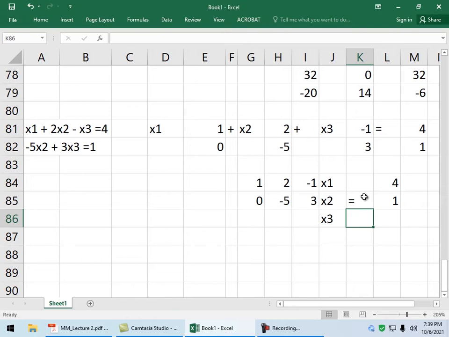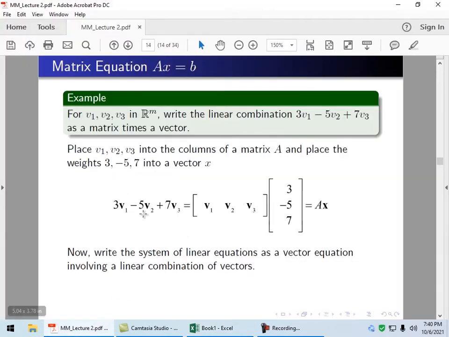So what have we written here? A times X equals B. So we just performed the matrix notation. AX equals B. This is what the matrix equation AX equals B is about.